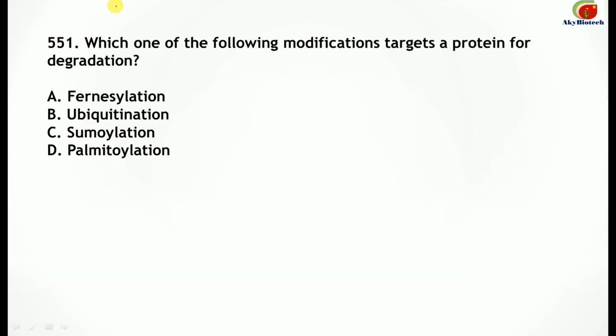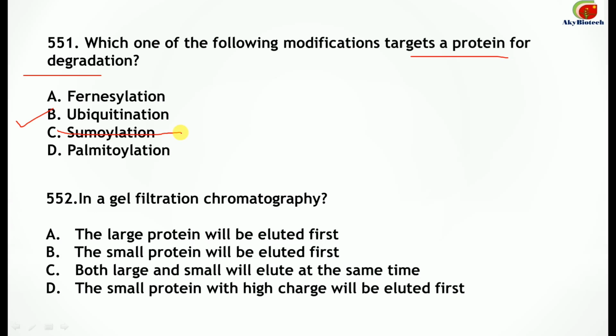Next, the question here is number 551. Which of the following modifications targets a protein for degradation? We know that it is ubiquitination. Next, in gel filtration chromatography, what happens?